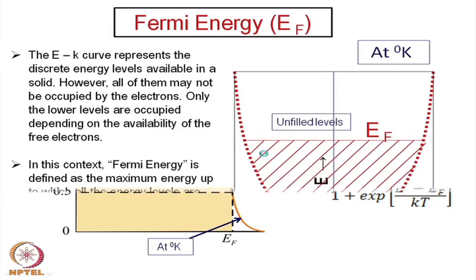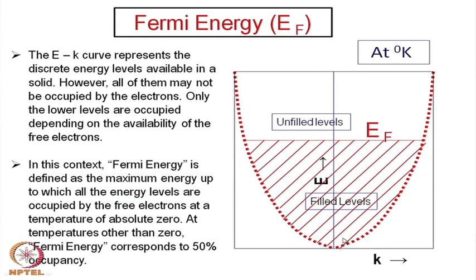Depending on the available electrons, these are fully occupied, and above that there is 0% occupancy, there is absolutely no electron available, although the energy states are there. If the electrons can somehow acquire higher energy from external sources, they can go to the higher level.